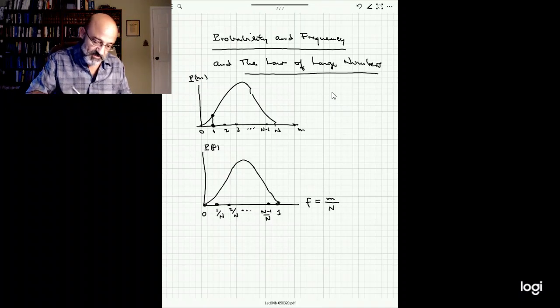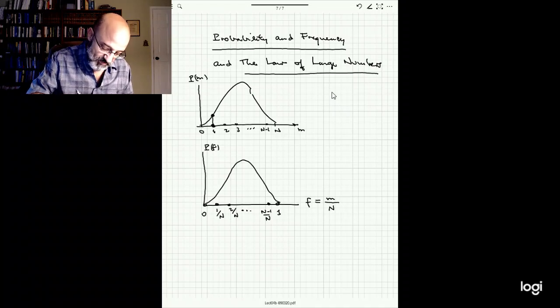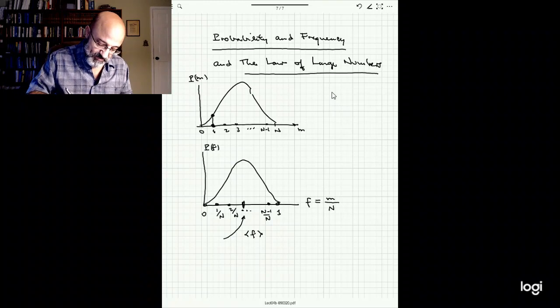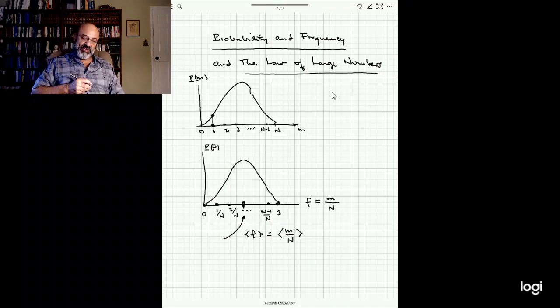As n grows, this becomes sharper. So the expected value of the frequency is going to be the expected value of m over n.